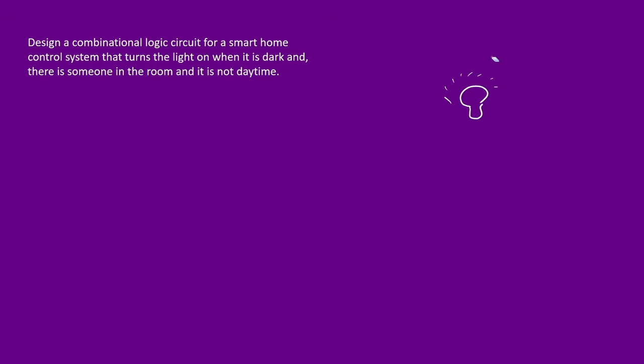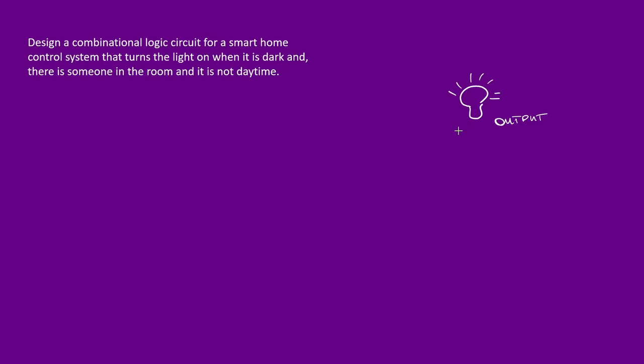So you can do any sort of diagram that will help you design the circuits conceptually before you jump into drawing a truth table. So a light bulb is going to be either on or off, and this is our output. Okay, very clearly.